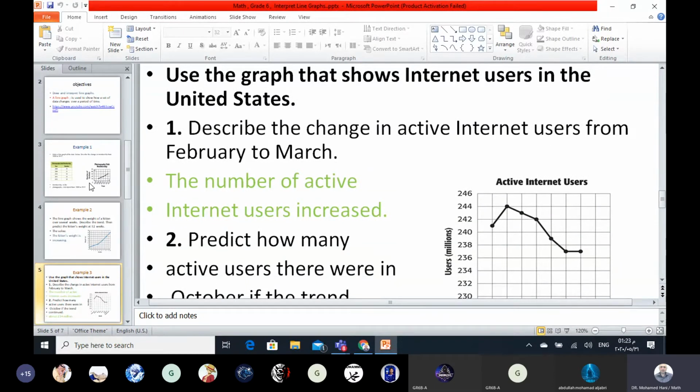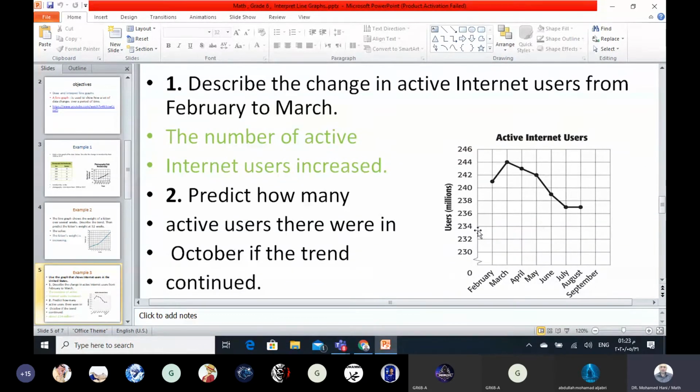As you see here in the line graph, this is the x-axis and this is the y-axis. The x-axis represents the month, and here represents the users. I want to study the result between February and March. This is February and this is March.